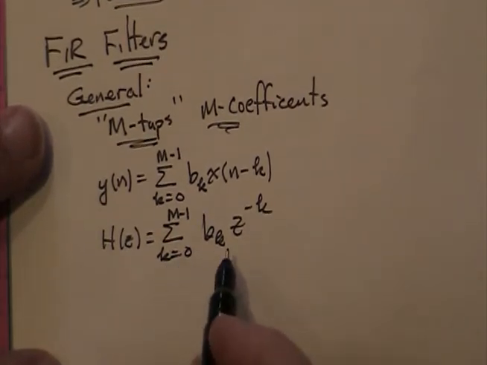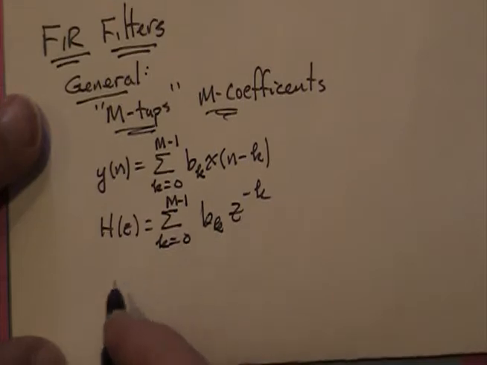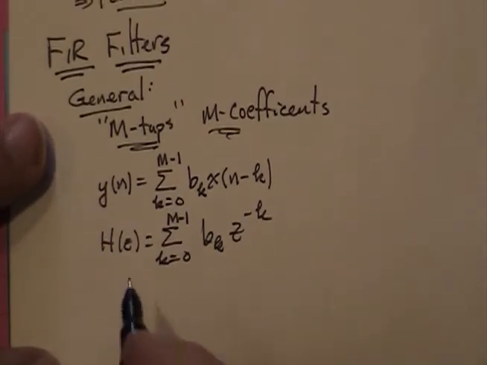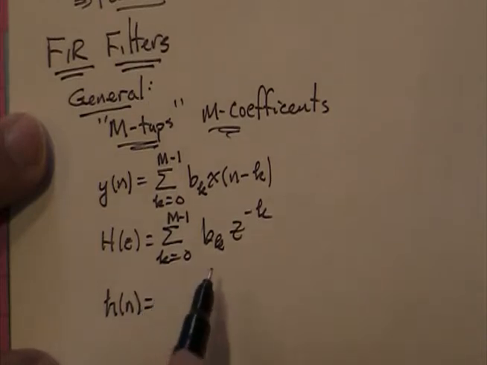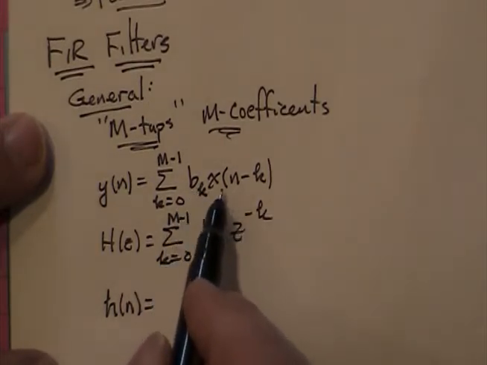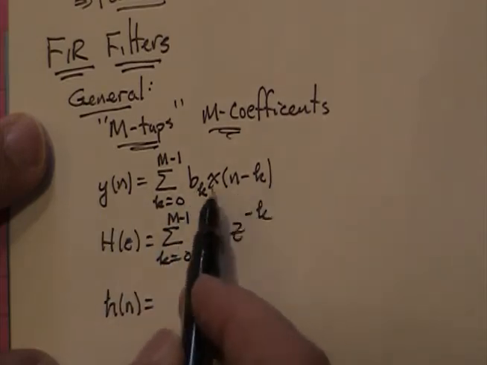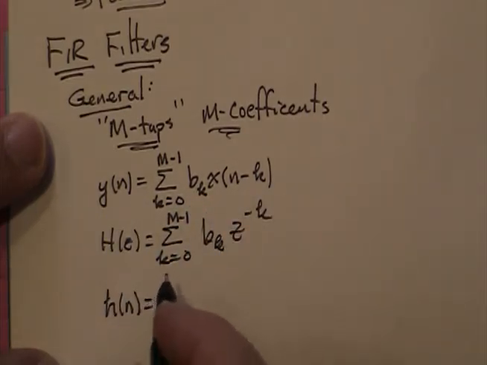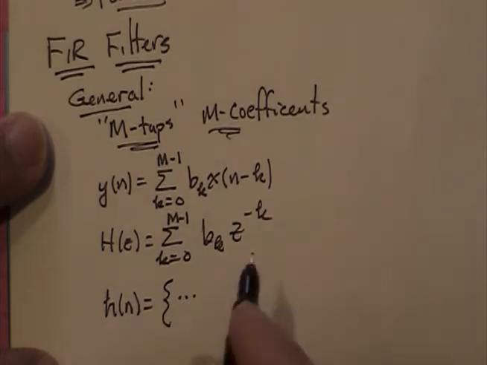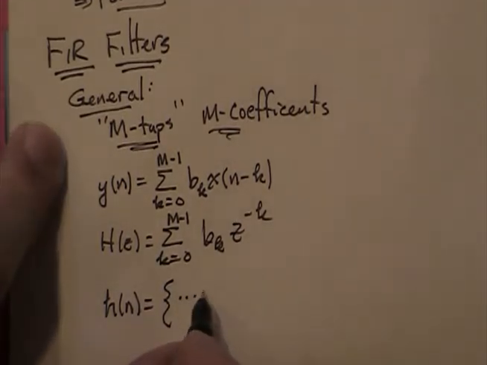Then if I look at my impulse response, the other way that we've talked about characterizing filters: if I hit this thing with a given impulse, I just see one of these coefficients show up in y of n at every delay of that impulse. So my impulse response is really easy to calculate, and it's just the filter coefficients. You've seen this a lot in your labs. We assume we start off at 0. I hit it with an impulse.